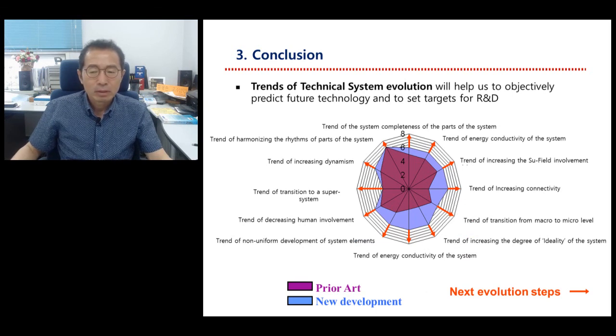First, the level of the target system should be analyzed with the 11 evolutionary patterns to identify the current level. This will allow us to identify relatively slow development directions. Based on this, we can develop a strategy to develop the technology in the direction of technological evolution that is lagging behind.